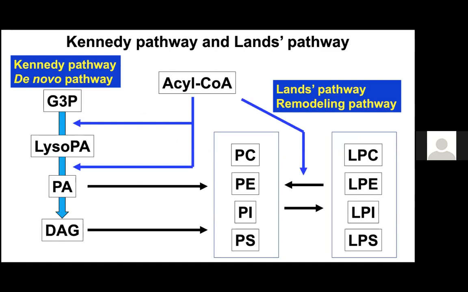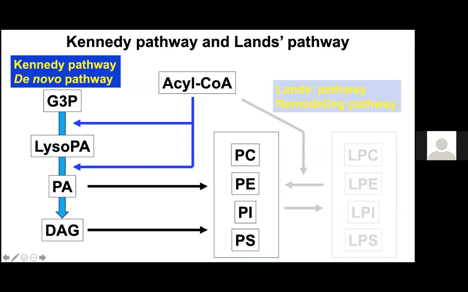First, I would like to look at the outline of the biosynthetic pathway of glycerophospholipids. As shown here, glycerophospholipids are produced mainly by 2 pathways, the Kennedy pathway and the Lands pathway. The Kennedy pathway is also known as the de novo pathway, in which glycerophospholipid molecules are newly synthesized.